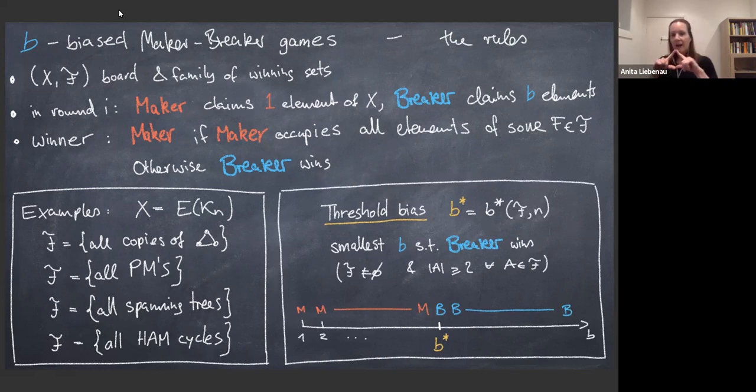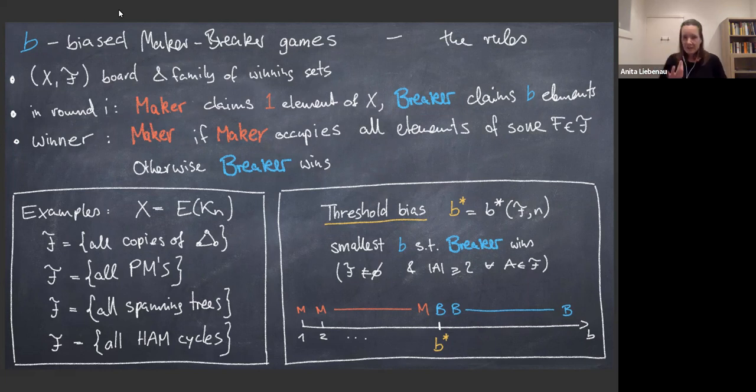So for the triangles, you can think for yourself what would be a simple winning strategy if you play on, say, 6 vertices, a simple strategy for maker to obtain a triangle. Okay, and the other games, for those you have to work a little bit, but there also exist winning strategies for maker, where maker wins within almost an optimal number of moves. So that's what I mean, maker wins easily.